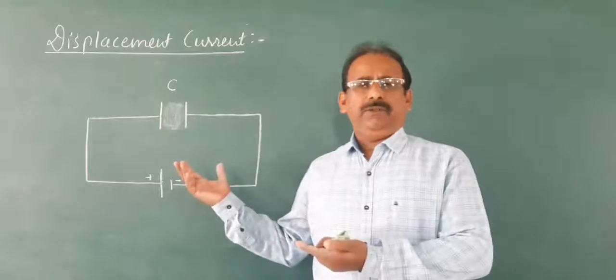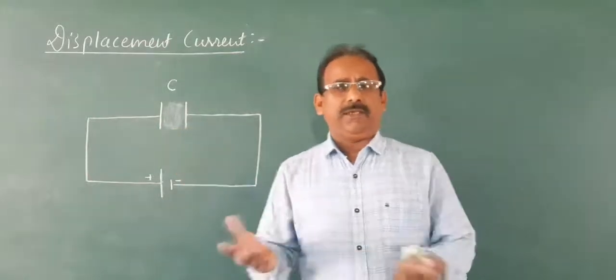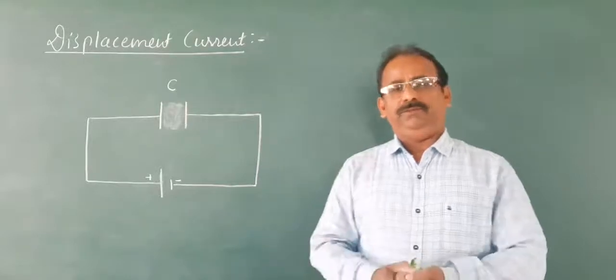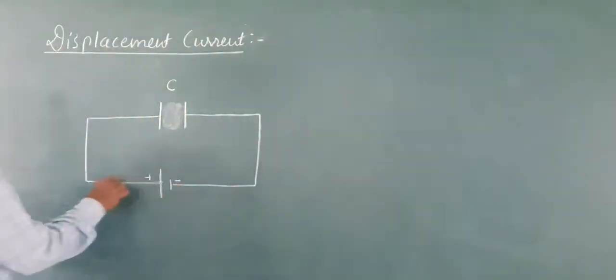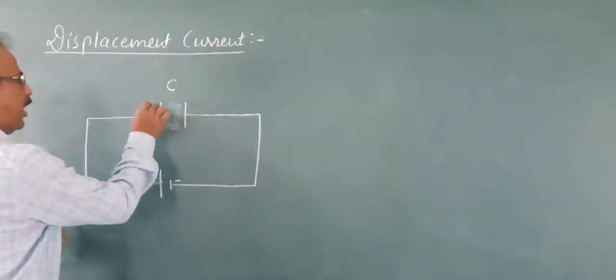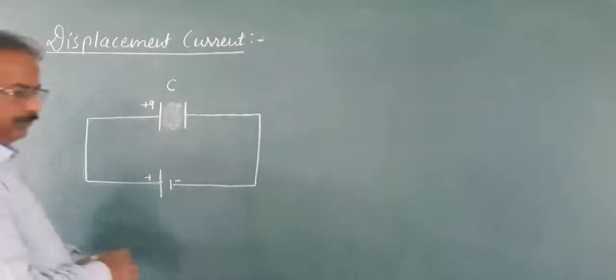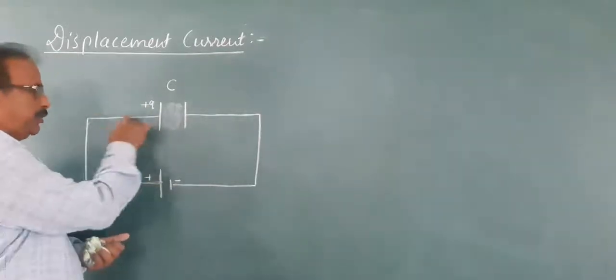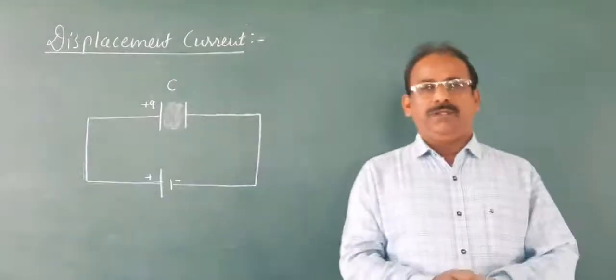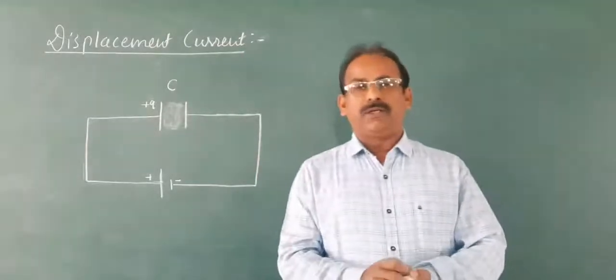How do we get current in this dielectric medium due to bound charges? See, from this positive terminal, this plate will receive plus Q charge. There is a flow of charge through this connecting wire, and this is mainly due to free charges, called conduction current.